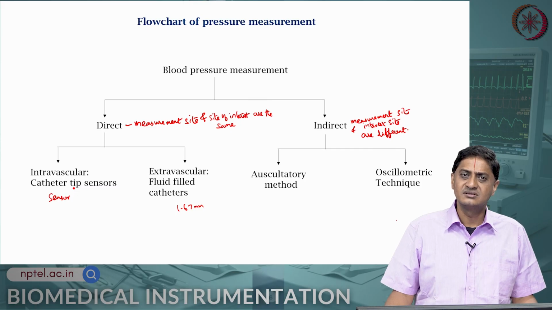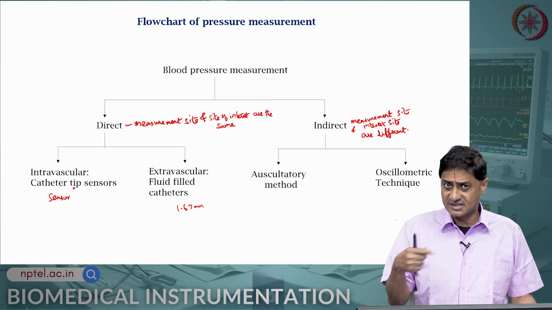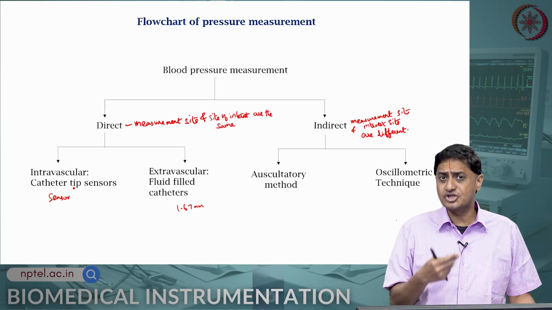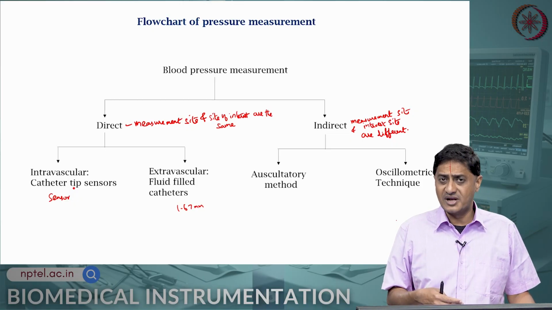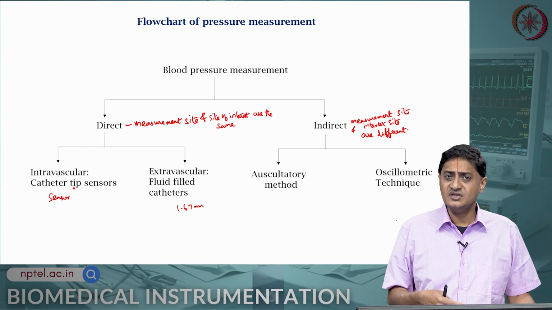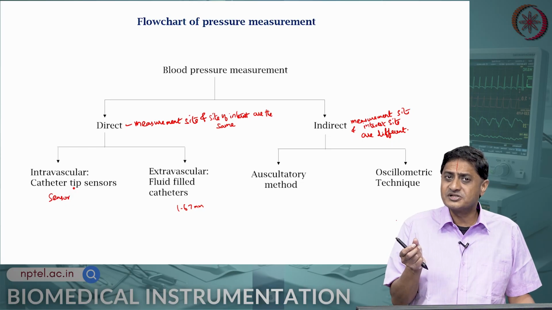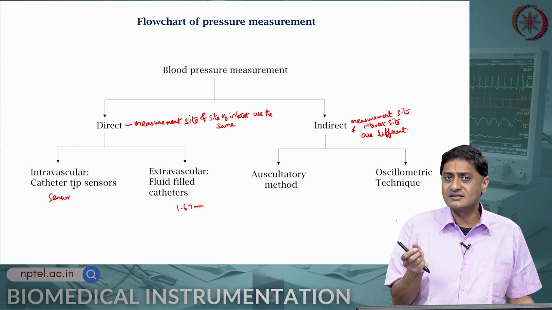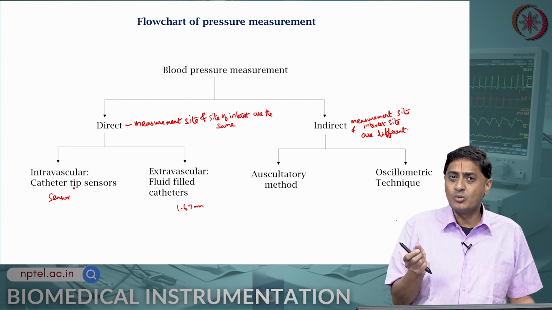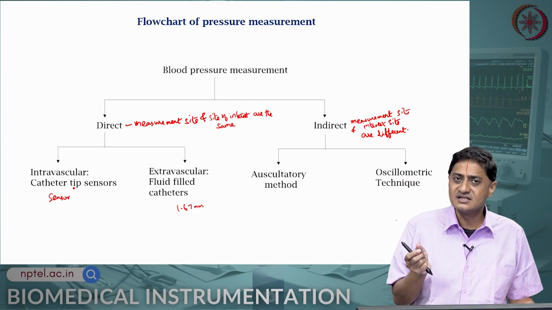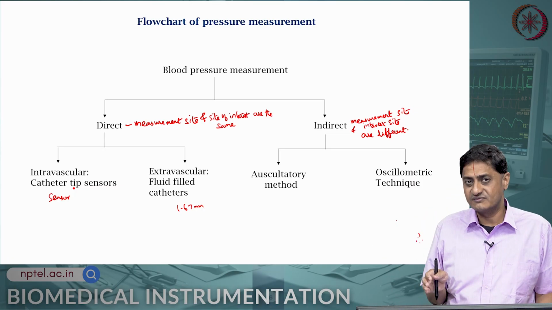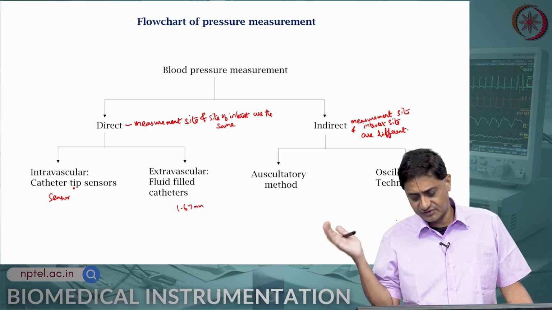For example, there is a manometer cuff that is inflated that stops flow of blood, and then this pressure is slowly released, or air from this cuff is slowly released to listen for what are called Korotkoff sounds. We will get into the details of this in a future class.